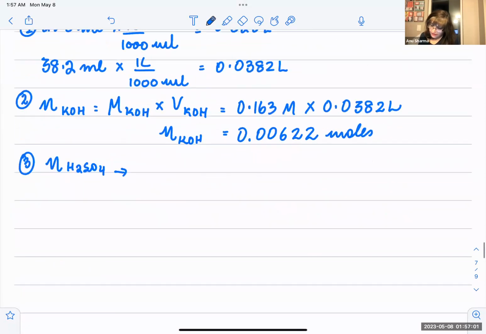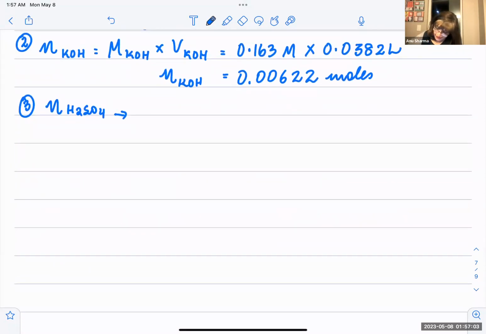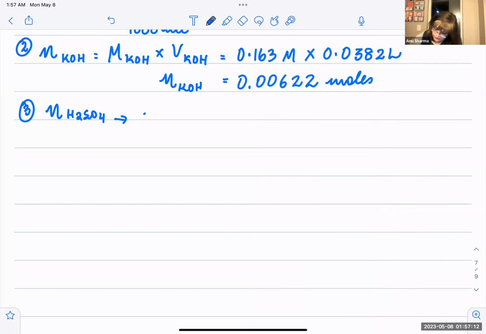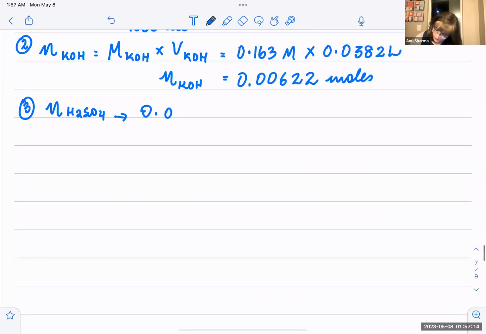How do you do that? You take the moles of KOH, which is 0.00622 moles, times the mole to mole ratio.